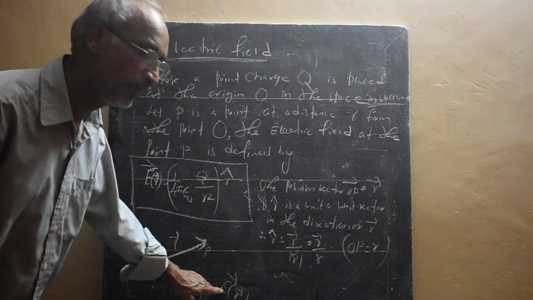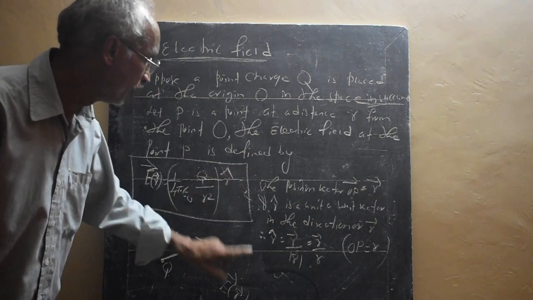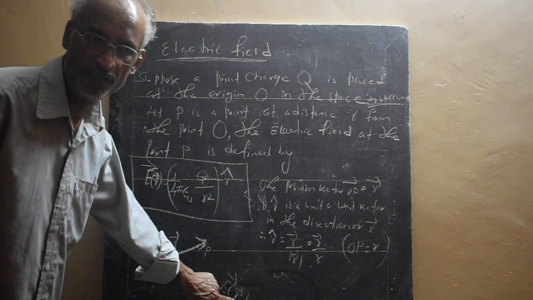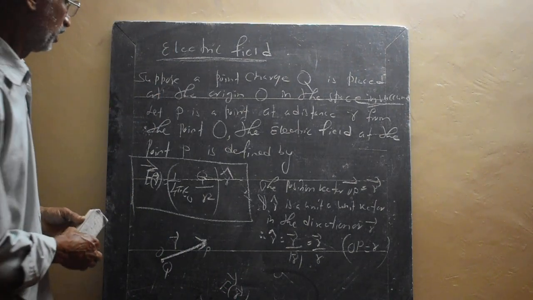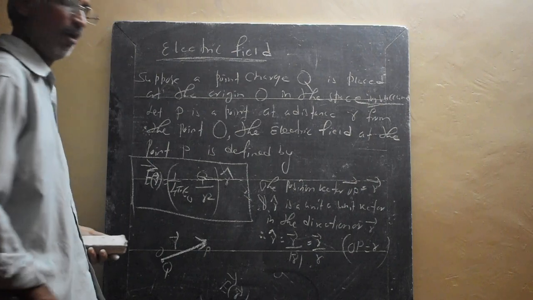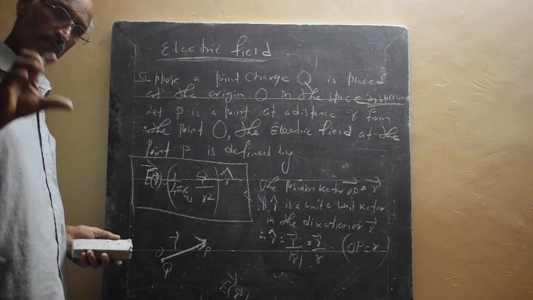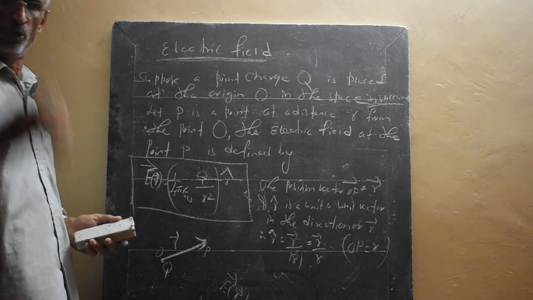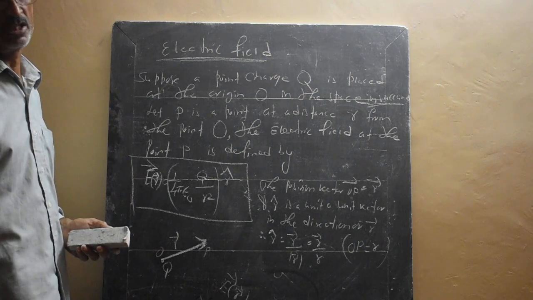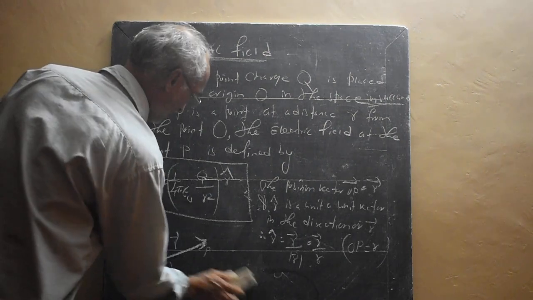Therefore, the electric field at a point is a function of the position vector of that point, R bar, so it is denoted by E bar of R bar. It does not mean E bar into R bar. The electric field depends upon the point, which means from point to point, the value of the electric field changes.